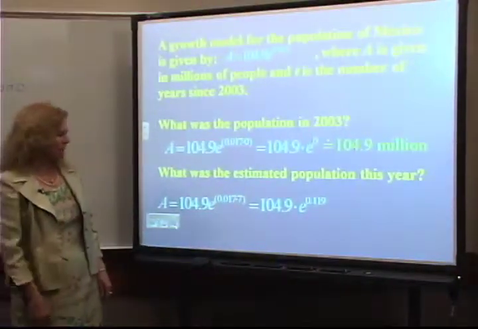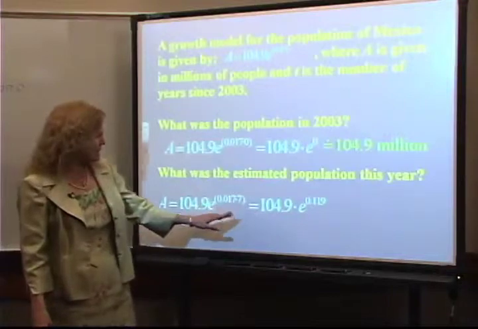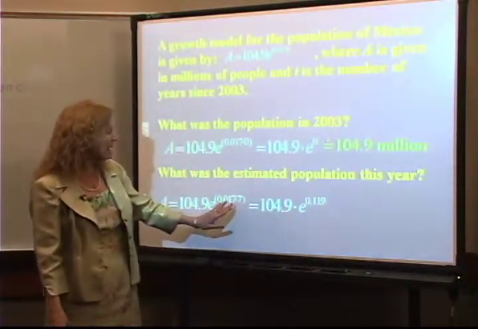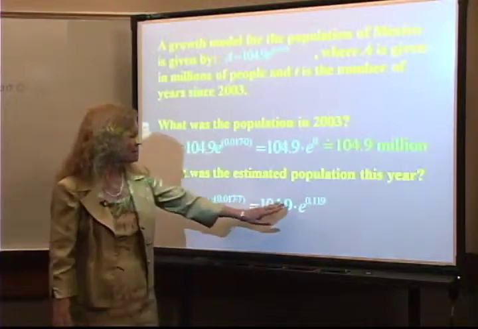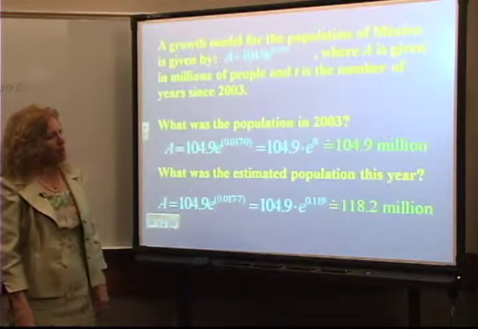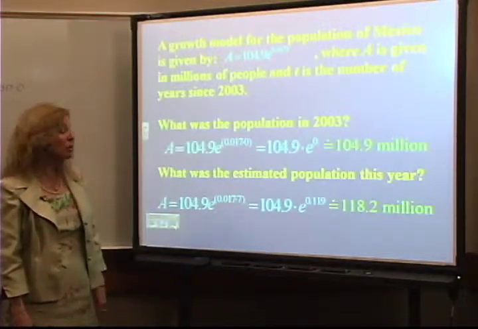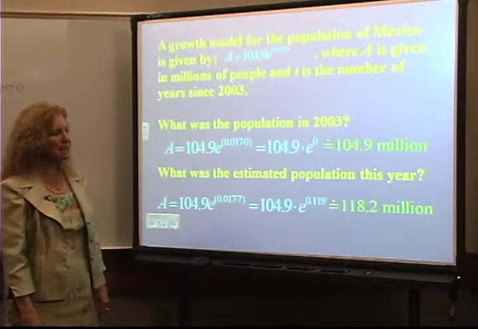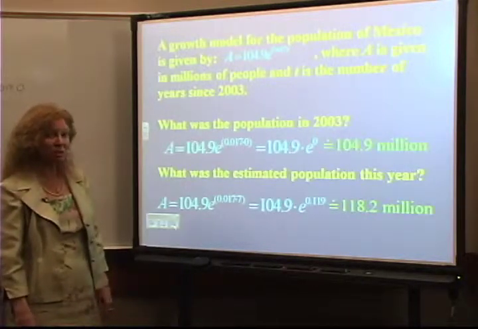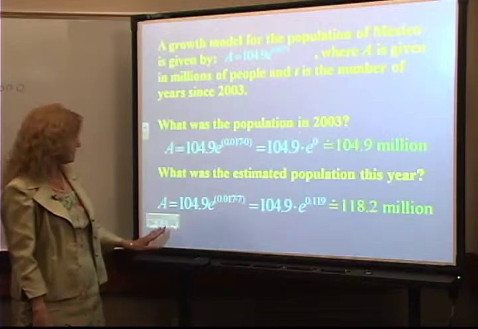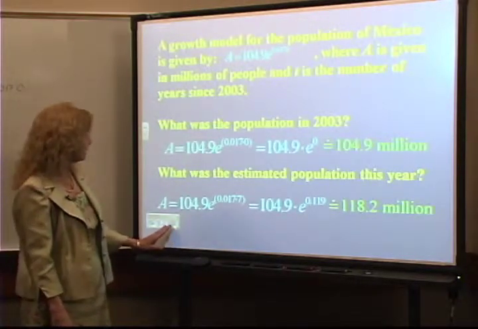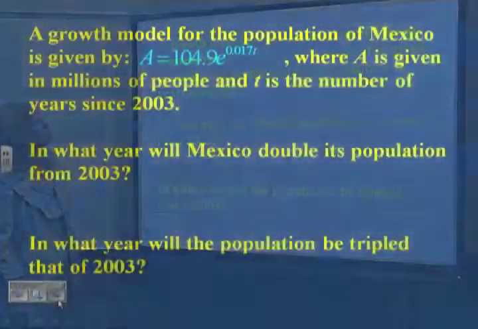And by the way, it is a good idea to not do too much rounding. If you can hang on to these digits as much as possible in your calculator, it'll give you a better answer at the end. But according to this model, in 2010, the population of Mexico should be 118.2 million. Now, I didn't check to see if that was accurate, but it's not a crazy answer. I can live with it.